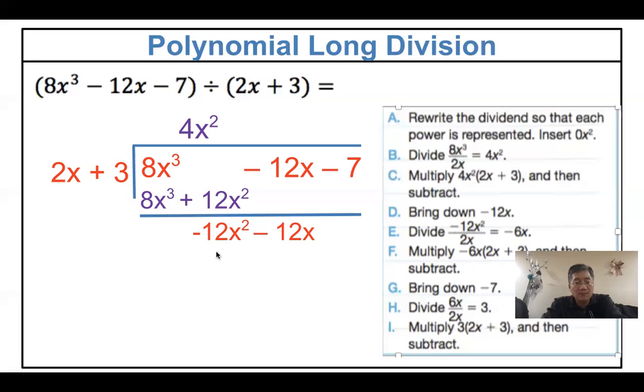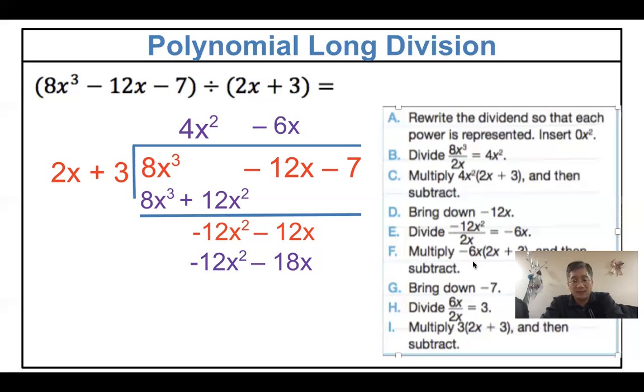Can you get it? 2 times negative 6 is negative 12, and x times x is x squared. So negative 6x, you write down here, right? That will be negative 12x squared. At the same time, you need to multiply 3 also. 3 times negative 6x will be negative 18x. You understand, right?